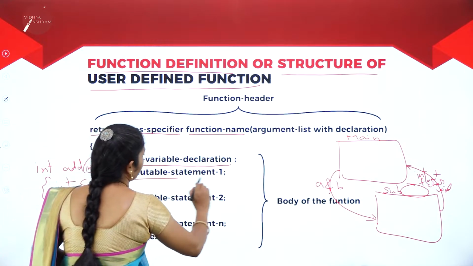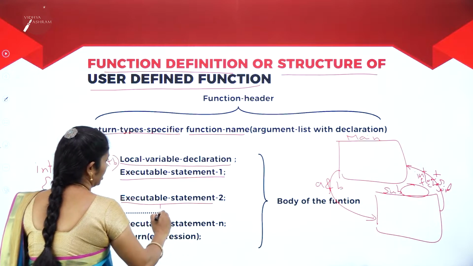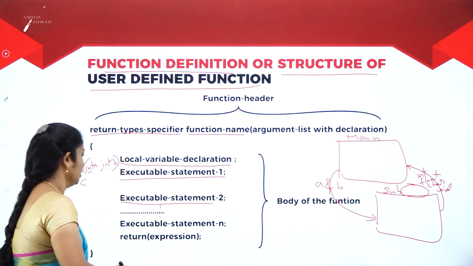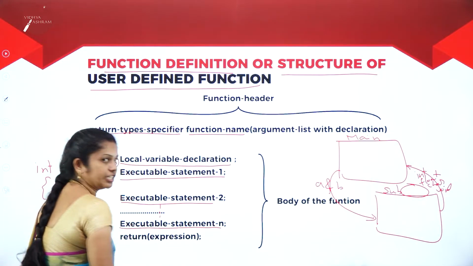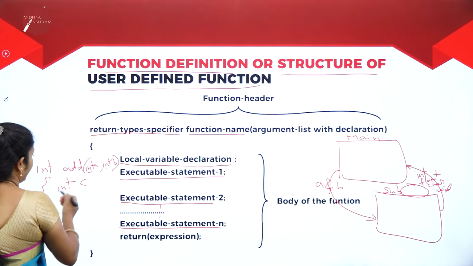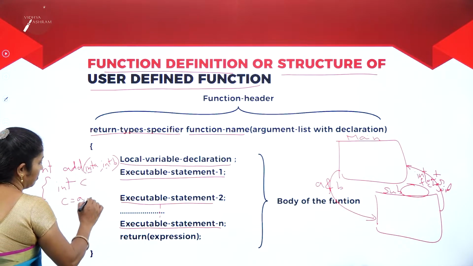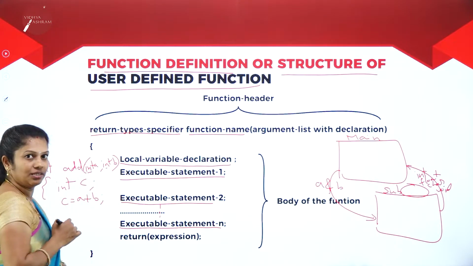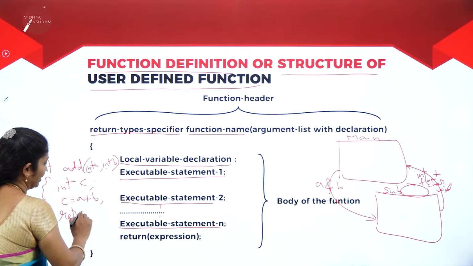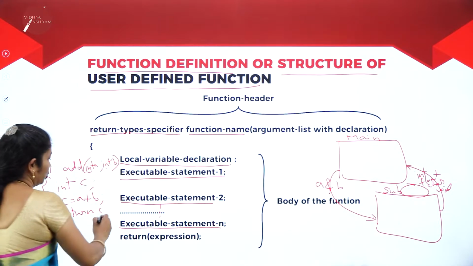Then executable statements 1, 2, 3, as many statements as you want, each with a semicolon. All executable statements you have to write. Afterwards, the return expression. Here I will do the calculation, that is C equals A plus B. Then after calculation, return. We are returning the value C to the main program.